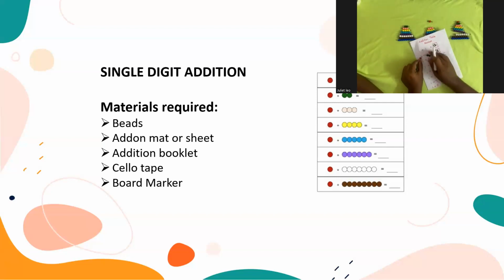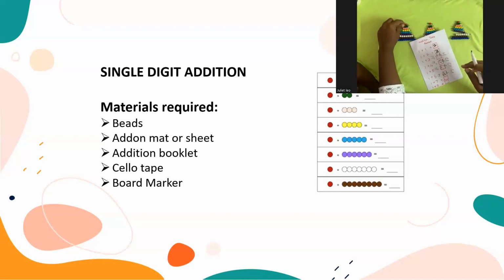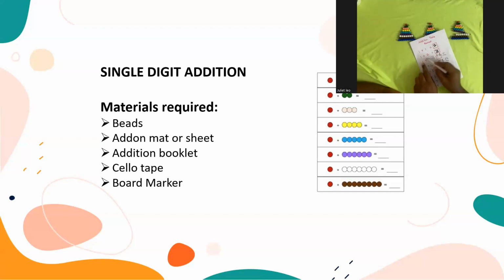So the first number will be constant. We can show the addition table in the same way. The child needs to count and write the answer in their box. So this is the way we may introduce addition to our kids.